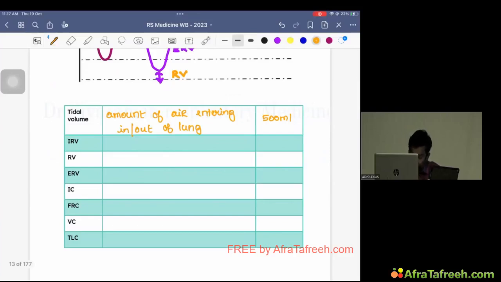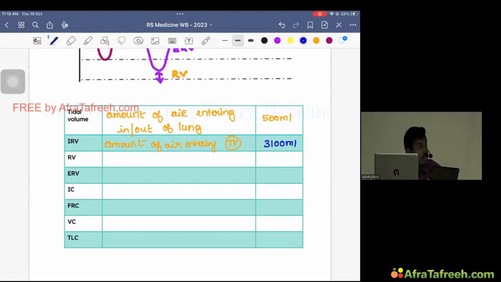Inspiratory reserve volume is defined as the amount of air entering in addition to tidal volume. This is going to be 3100 ml.